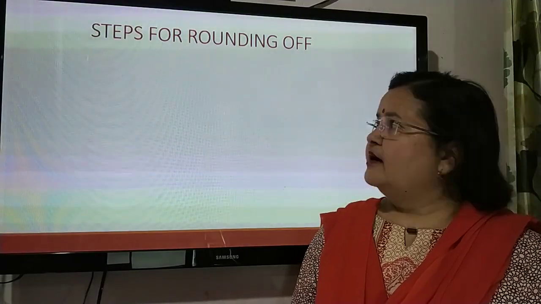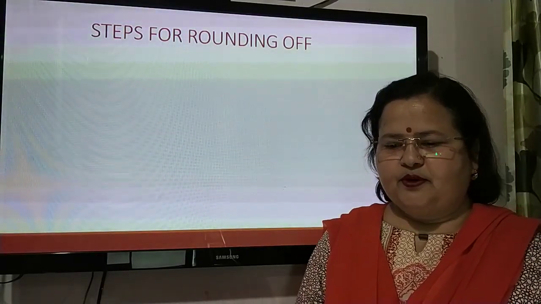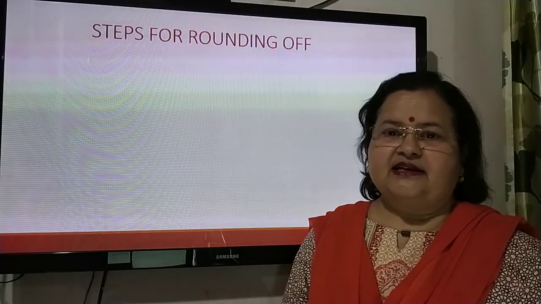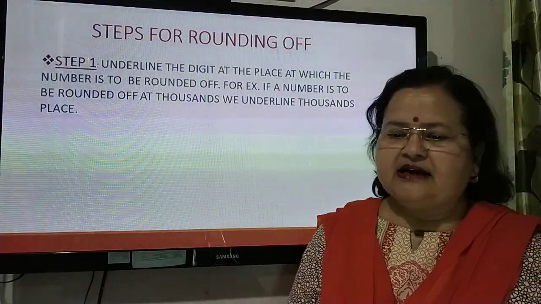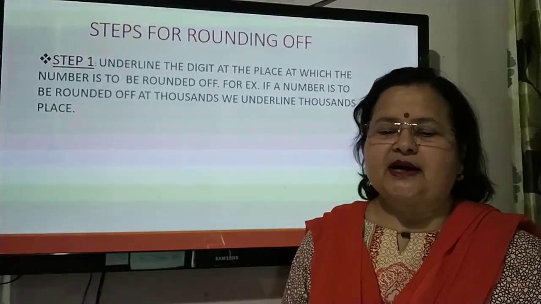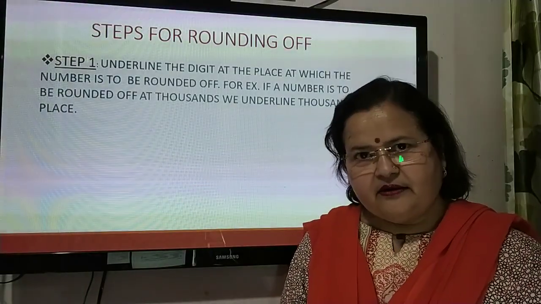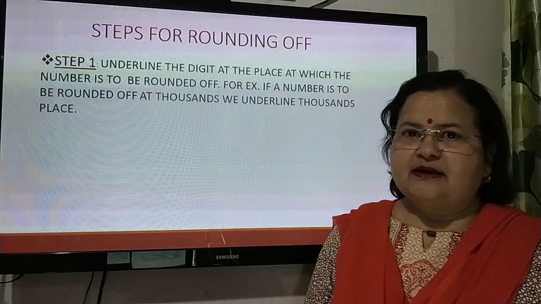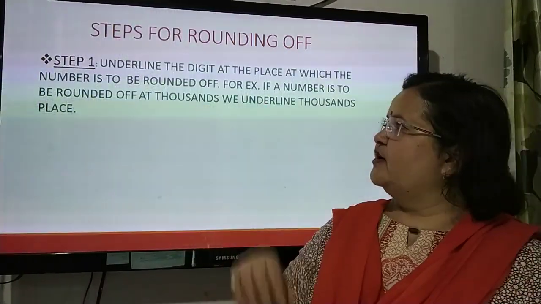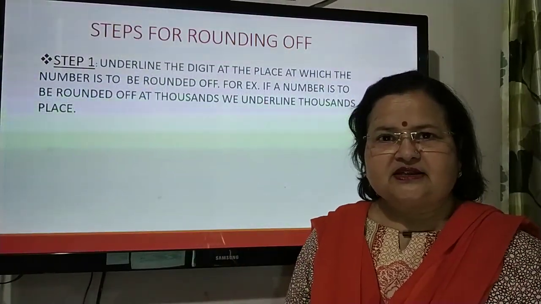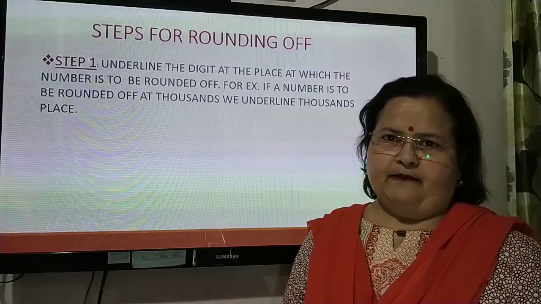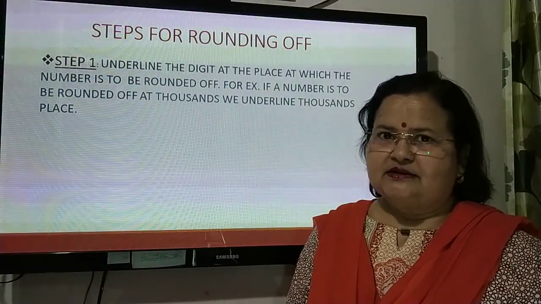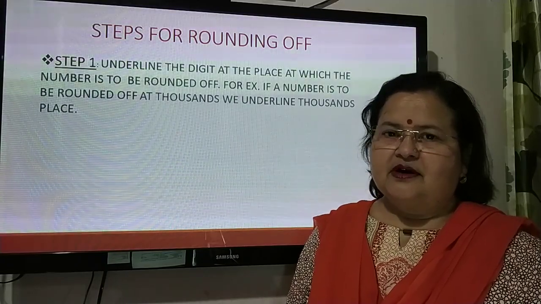Okay, remember the first step? What was it? It said underline the digit at the place at which the number is to be rounded off. For example, if a number is to be rounded off at thousands place, you are going to underline the thousands place. But the second step, what does it say?